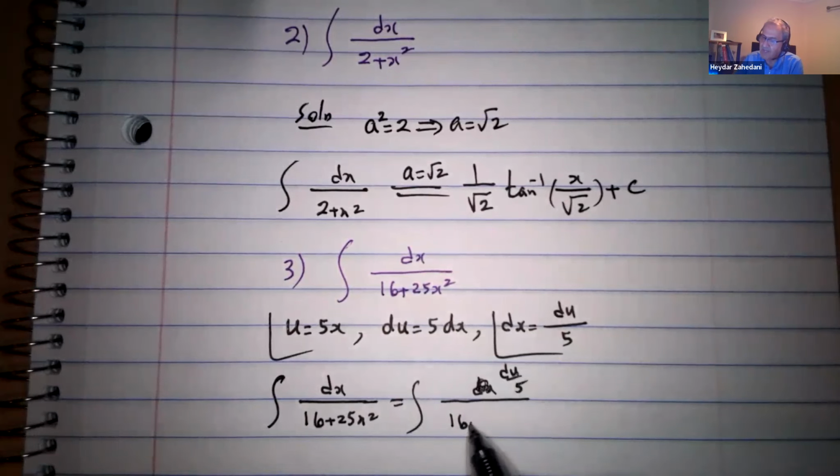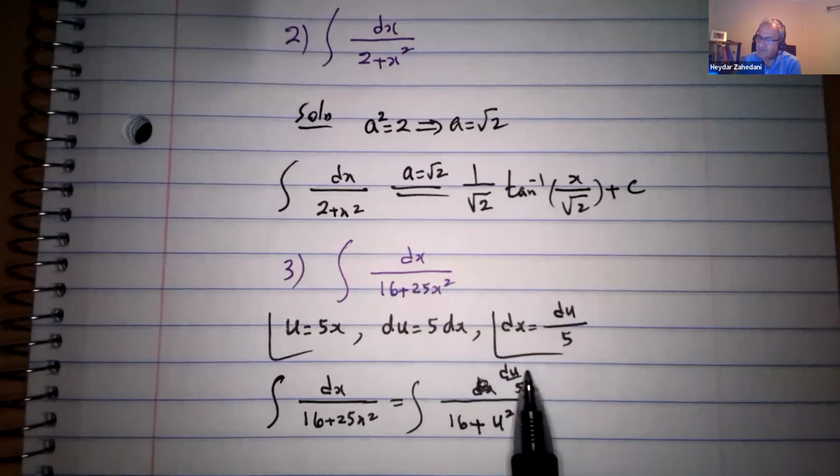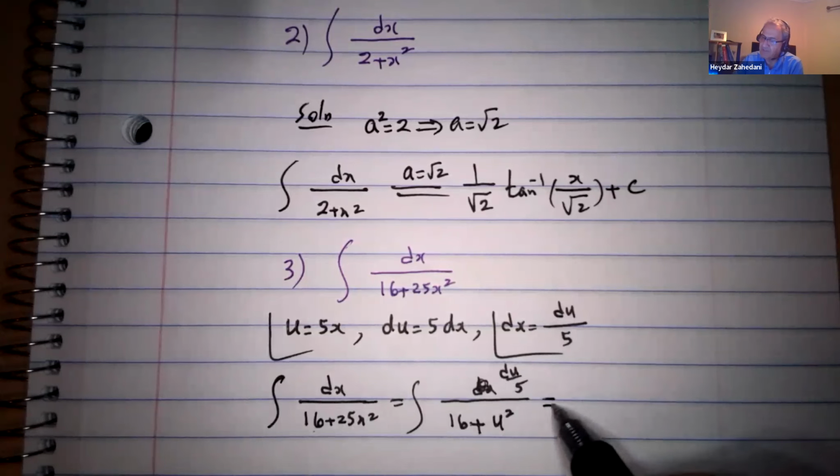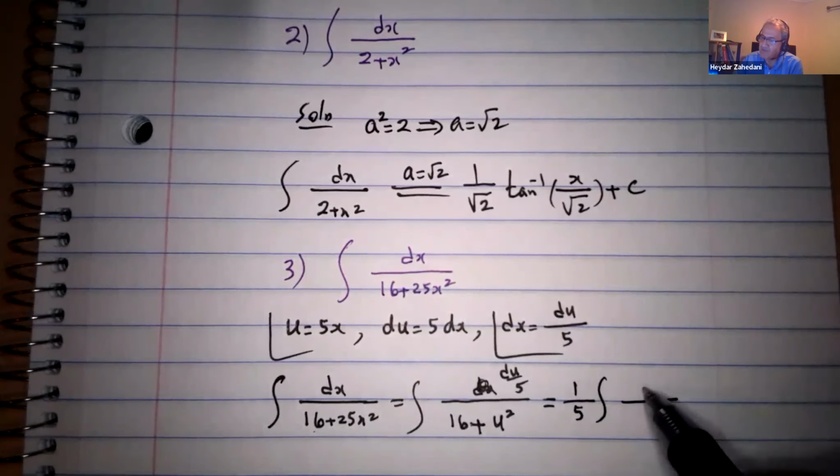That's 16 plus, u is 5x, so this would be u squared. The dx is du over 5, that's 16 plus u squared. You can pull out a fifth. And then you get what you are looking for. Look at this one: du over 16 plus u squared. That's it.